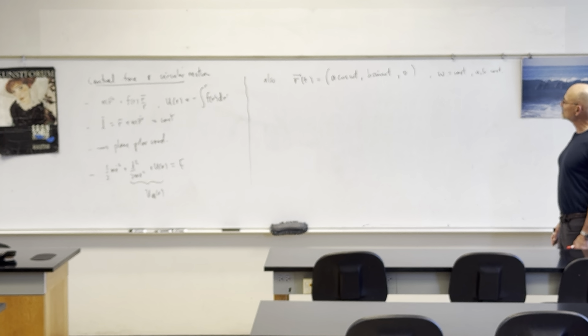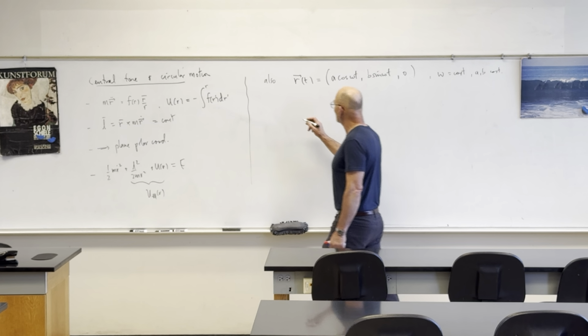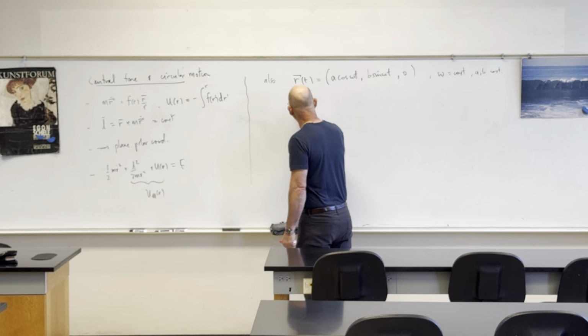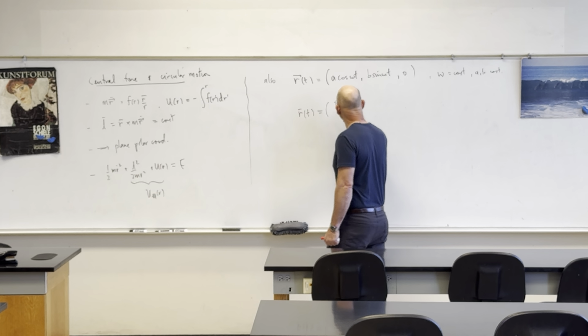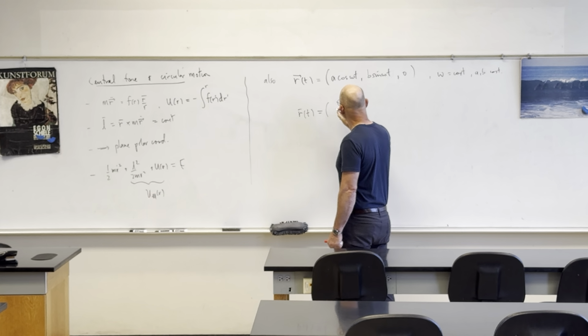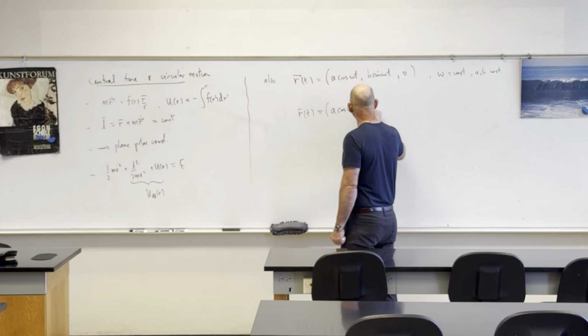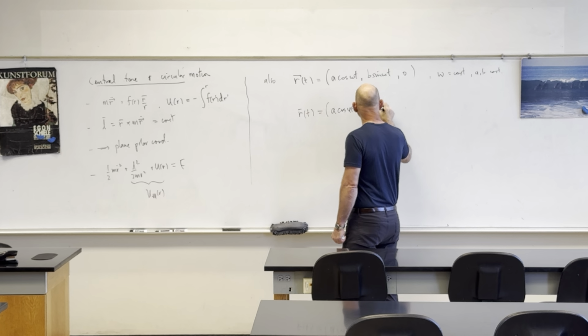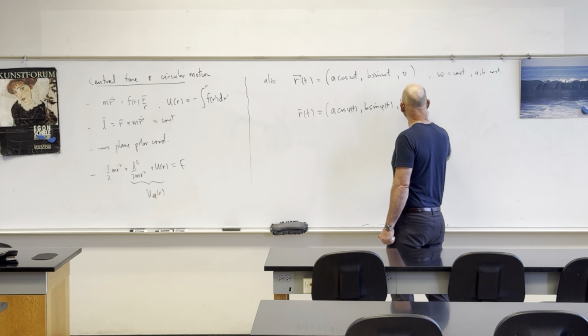So this is a special case of, what about this one here? I think I assigned this one as well, or close to it. Suppose we had a cos phi of t, b sine phi of t, and 0.